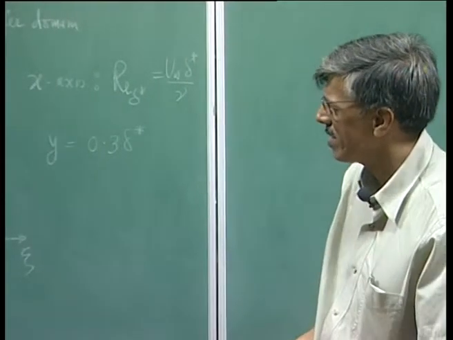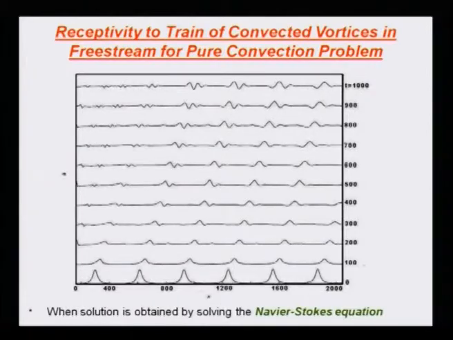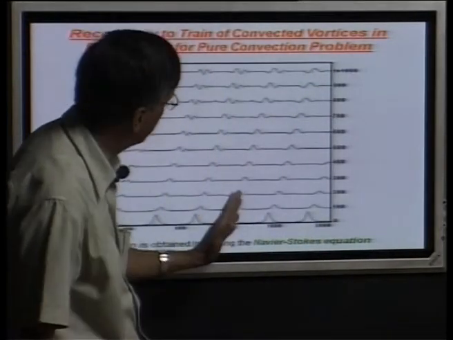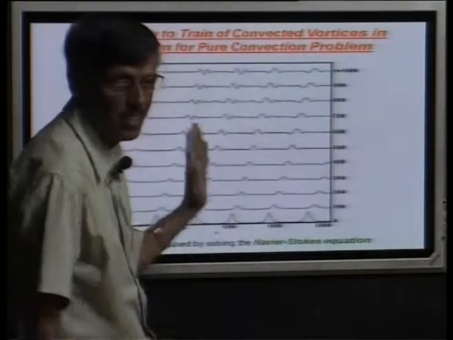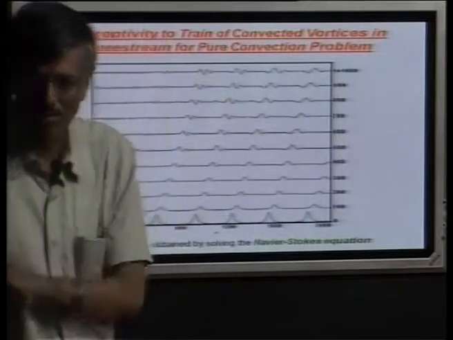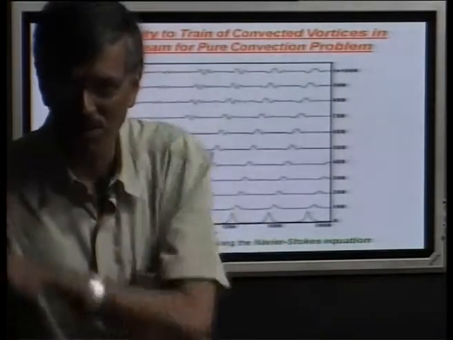The disturbances are of course going like this. That's why we have purposely drawn it in this manner. If I join the peaks, it looks like this, and that gives you some value of C. Is that C corresponding to the imposed C?